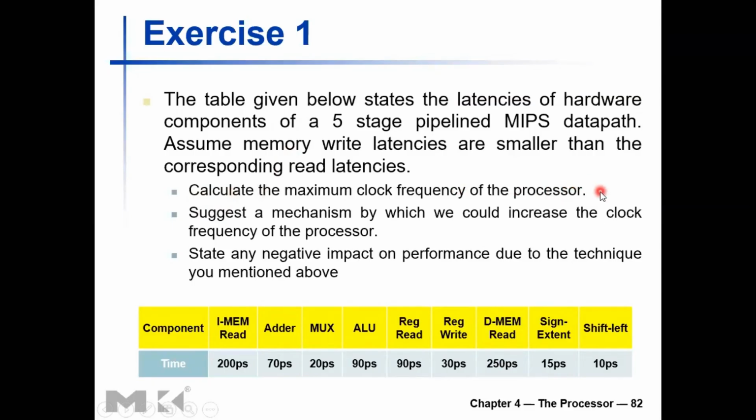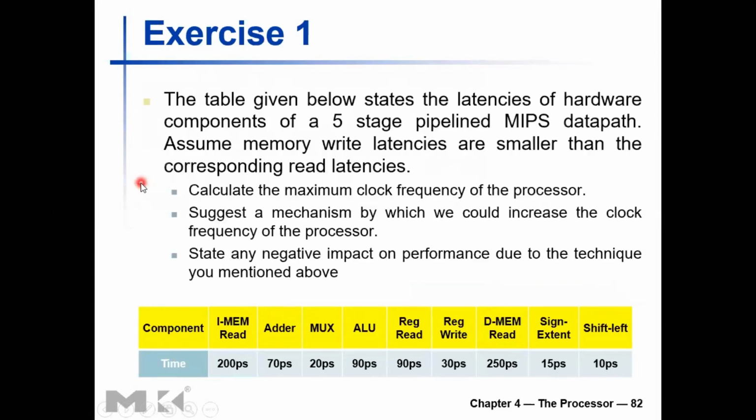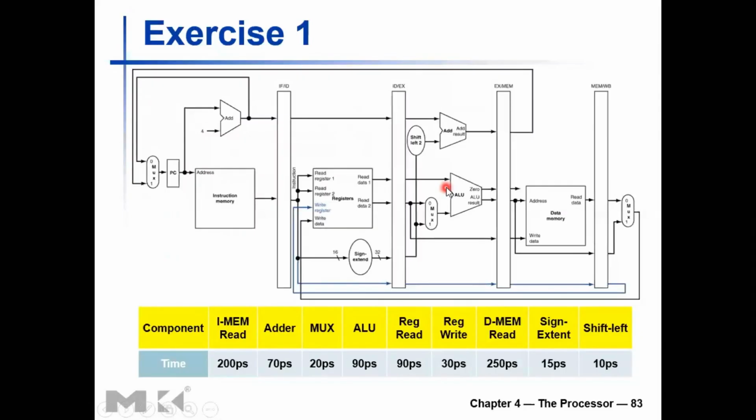Can we try to do that quickly? We have all the information here. Here is a pipeline diagram to help you out, a 5-stage MIPS pipeline. So the question is to calculate the maximum clock frequency, right? That is, we need the clock cycle, which should be the same for all stages, right?